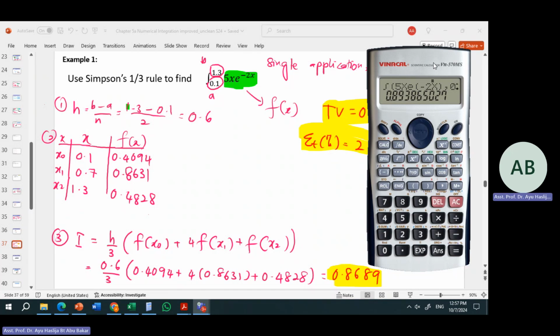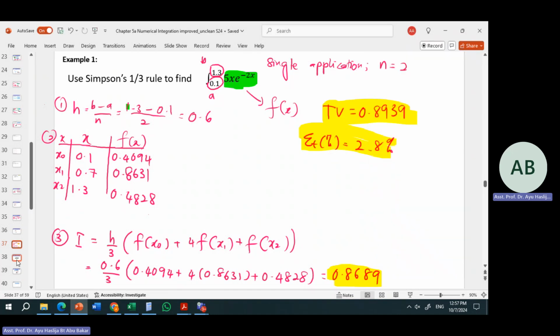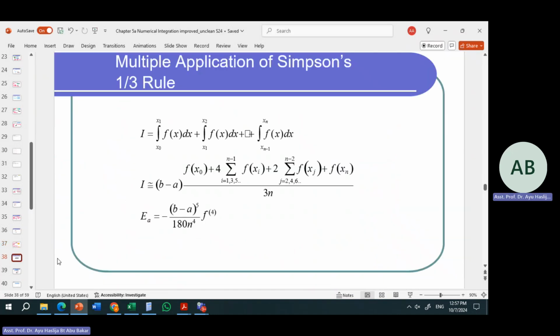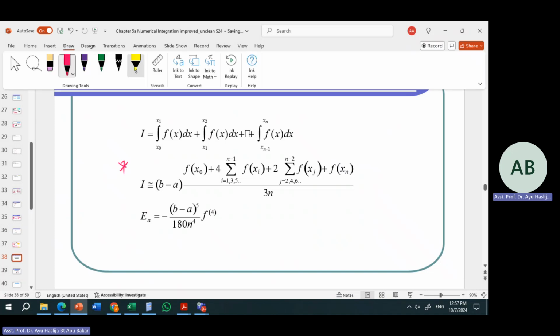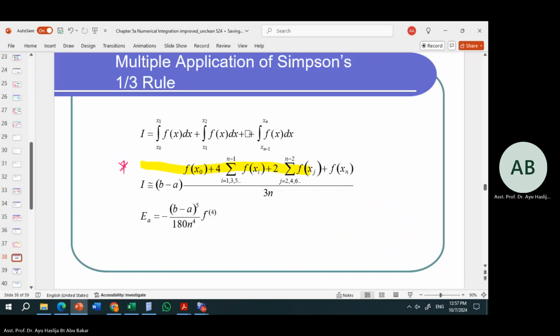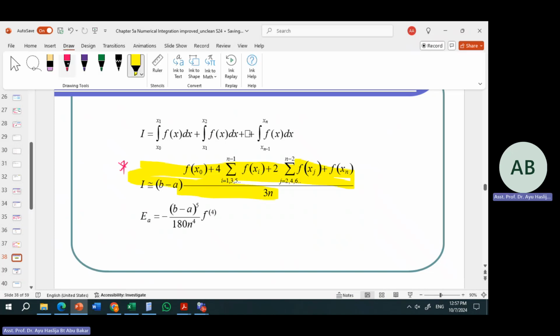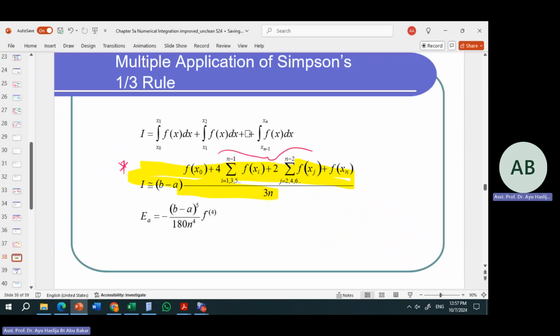Okay, now I move to multiple application. Now, multiple application, this is the equation. Okay, notice the intermediate part. Now, the intermediate part, which is this, you have 2 sections.